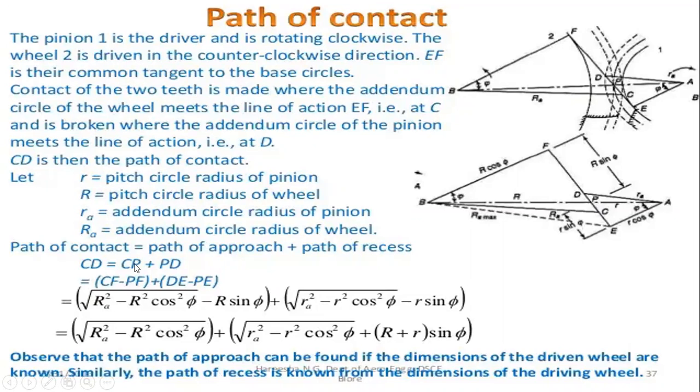For the CP condition, you take CF minus PF, and for the PD condition, you take DE minus PE. So these are the conditions, and we have to substitute these values.